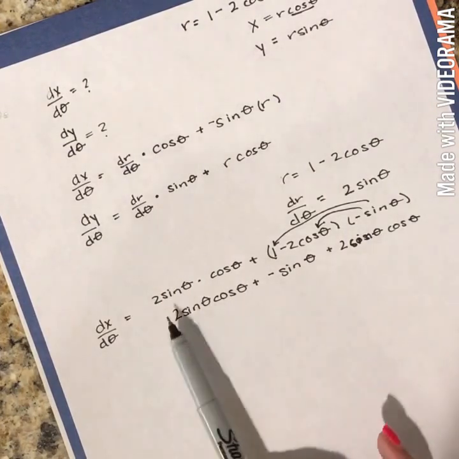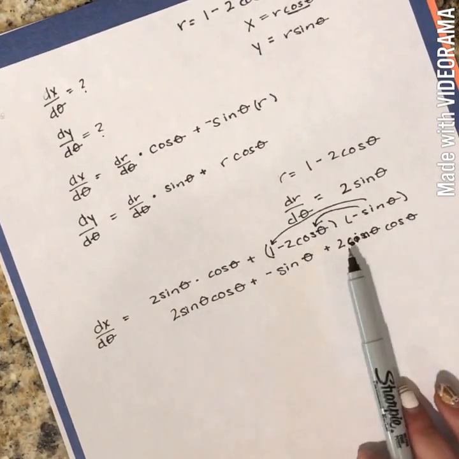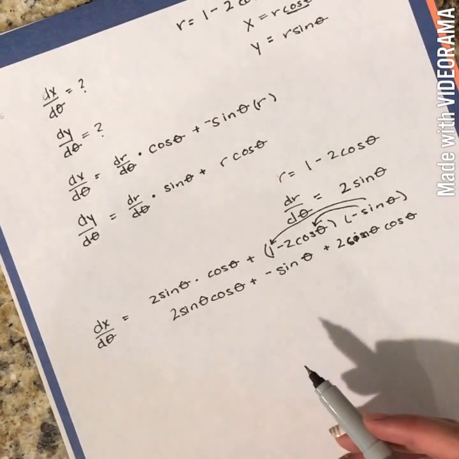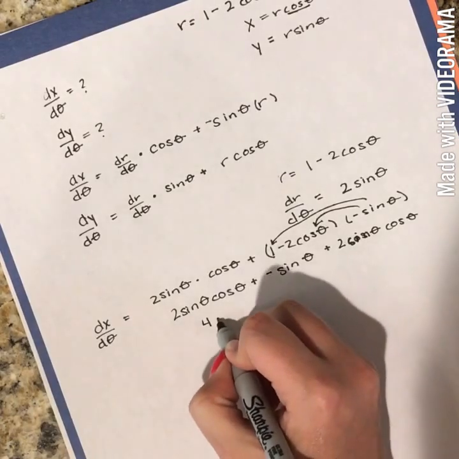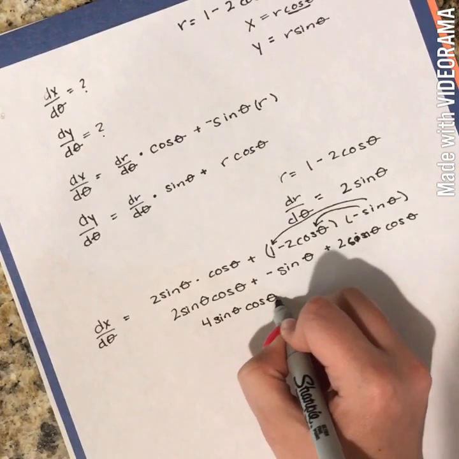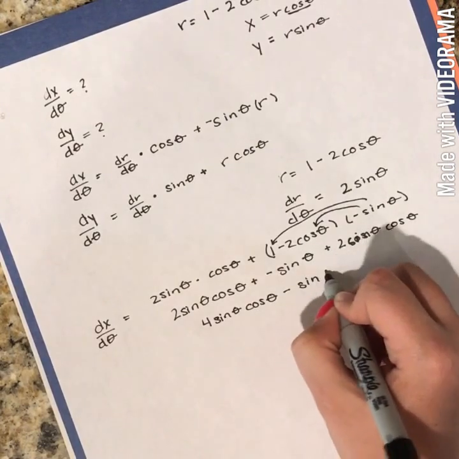If you can see, we have 2 sine cos and 2 sine cos over here. So we're going to add those together, and we are going to get 4 sine theta cos theta, and then minus the sine theta.